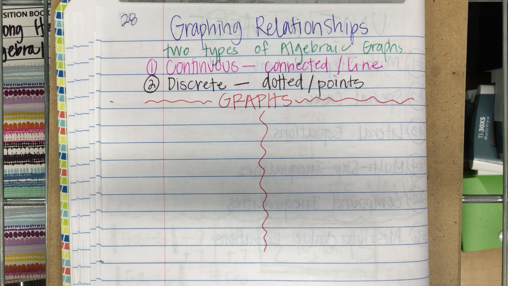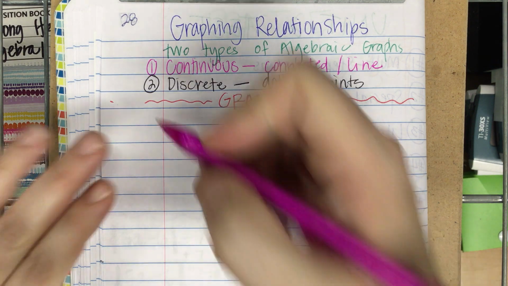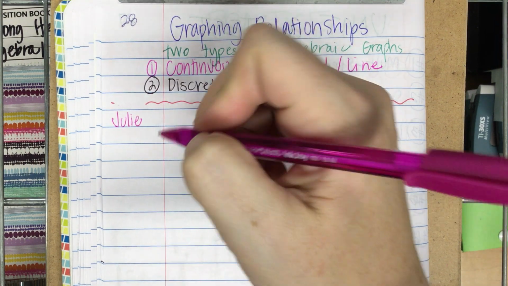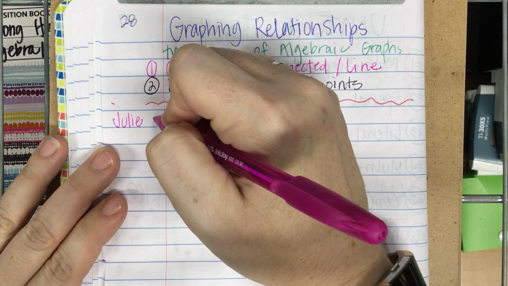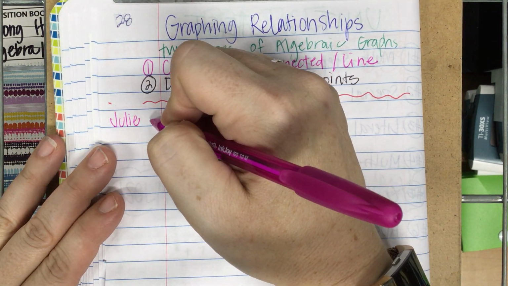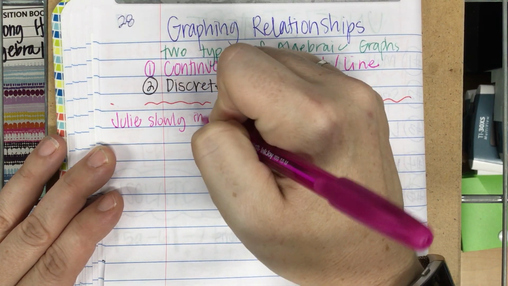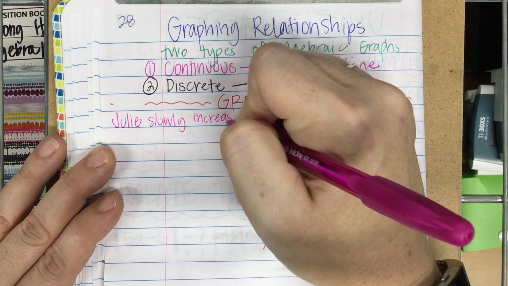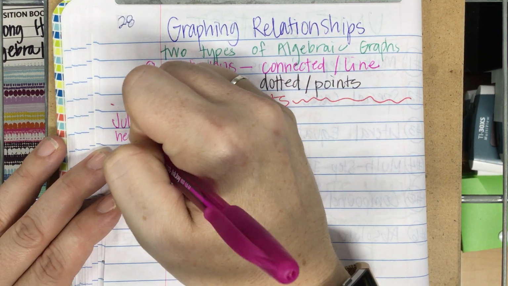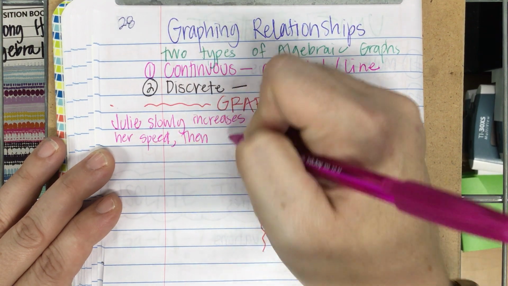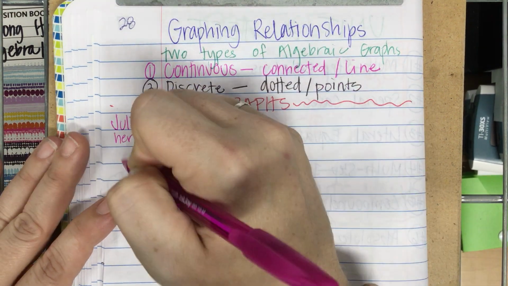Let's do our continuous one first. Let's do Julie slowly increases her speed. Then stops to rest.